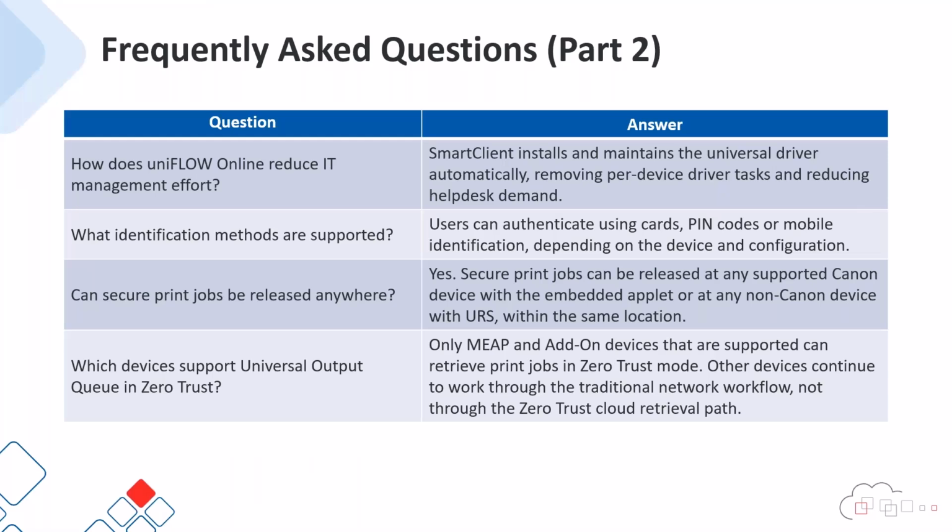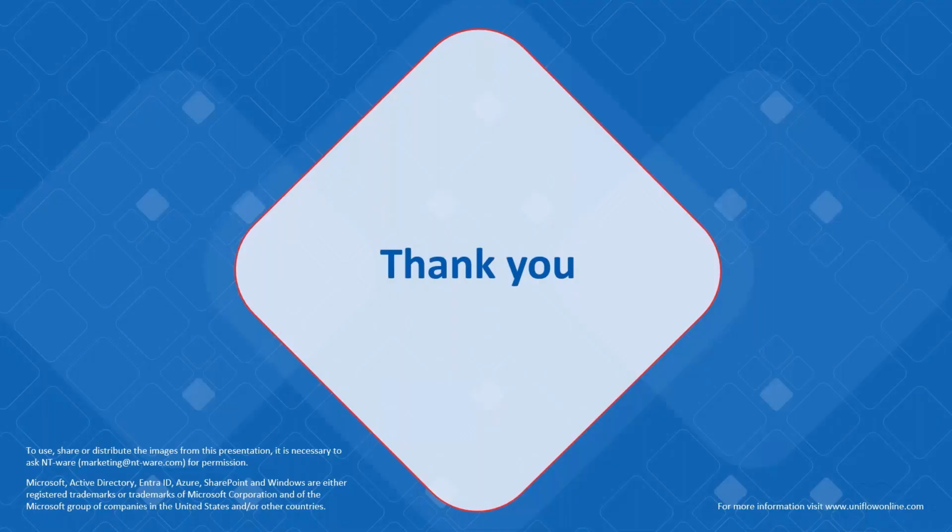This brings me to the final slide of the session to wrap up. Thank you for taking the time to join this session on the Universal Output Queue. Today's discussion provided a clear snapshot of how Universal Output Queue simplifies everyday office printing using a single queue and driver, consistent behavior, less effort for IT, and support for both traditional networks and zero trust environments on supported MEEP and add-on devices.